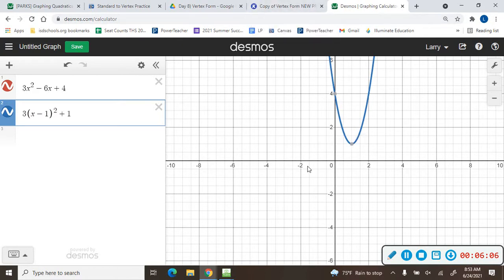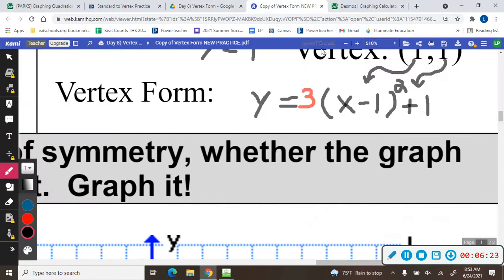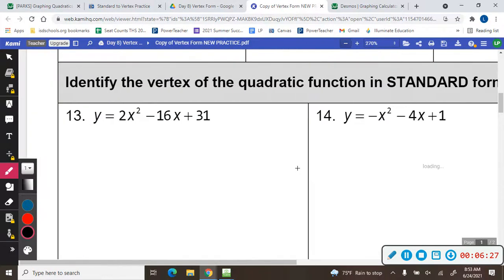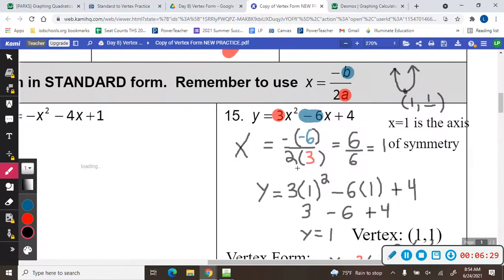What are the x-intercepts, if they were to ask? Well, it never crosses the x-axis in the real number system, so I would need to use the quadratic formula to find the imaginary solutions. So looking back, making sure I answer the question. Identify the vertex. I did that.